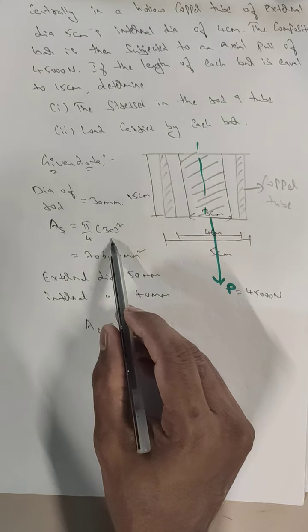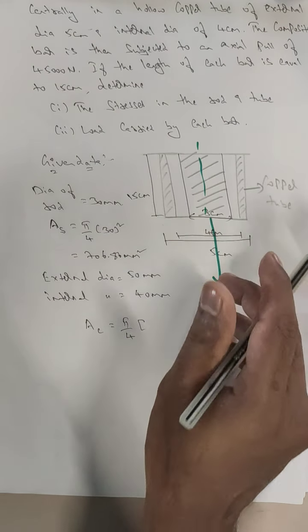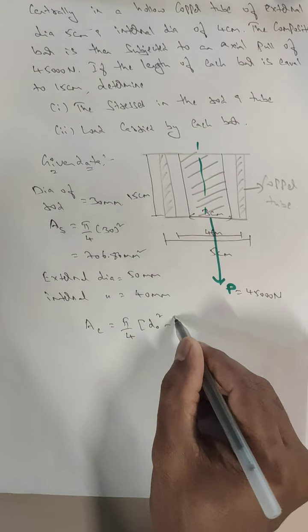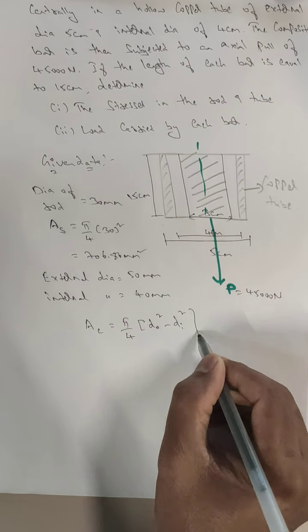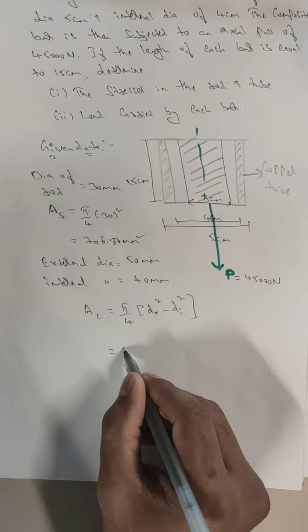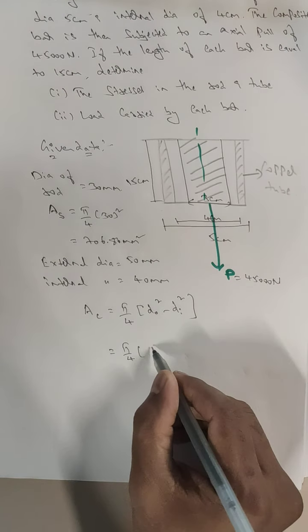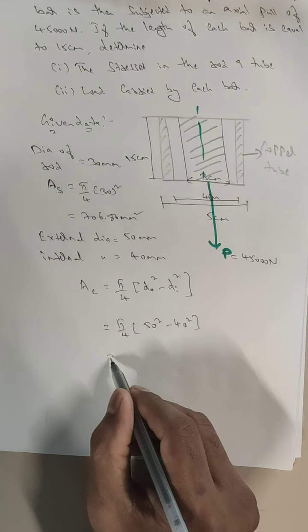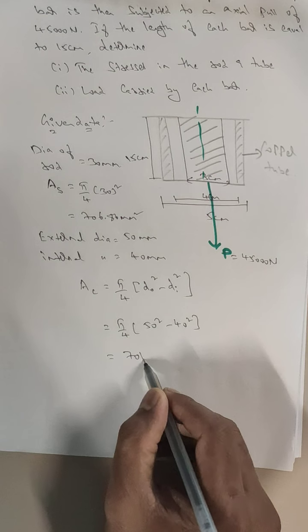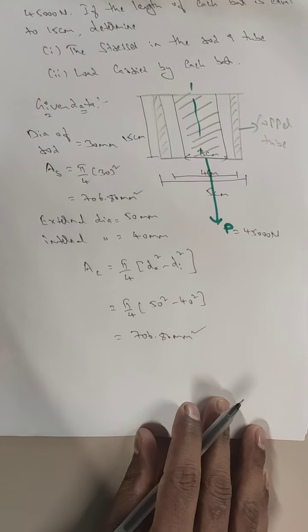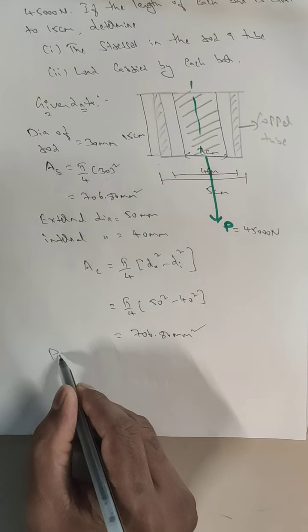If it were solid I would take d square, but for hollow we take d outer square minus d inner square. So pi by 4 into 50 square minus 40 square, which simplifies to 706.86 mm square.